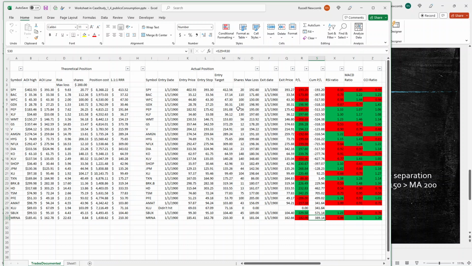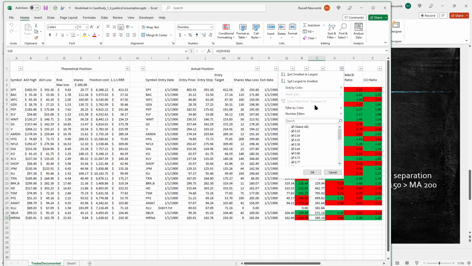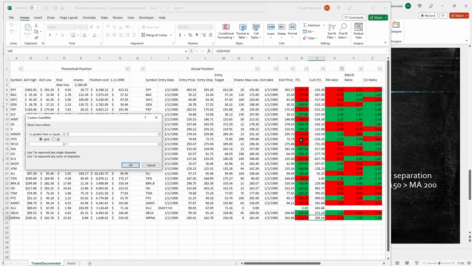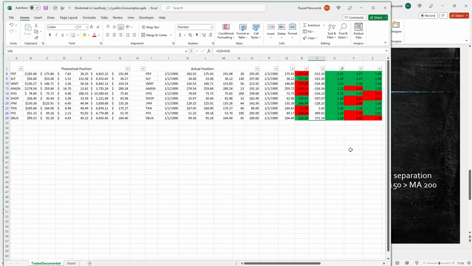But once you've got a set of trades, you can go through and you can filter based upon parameters and see whether or not those parameters would have helped or hurt.